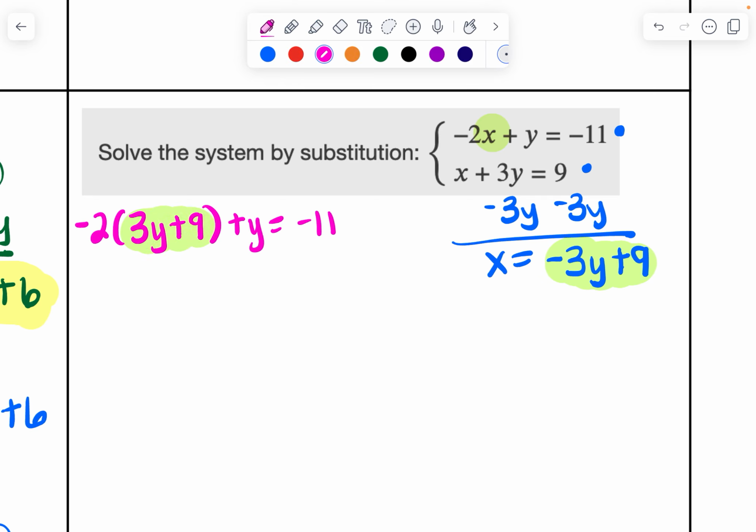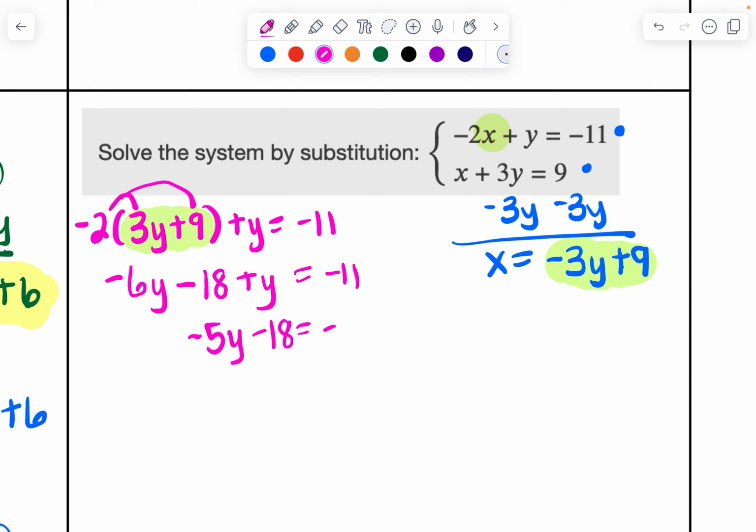Now I only have y's, which is good. Distributing here, negative 6y minus 18 plus y is negative 11. Negative 6y plus y is negative 5y. Take away 18 is negative 11.